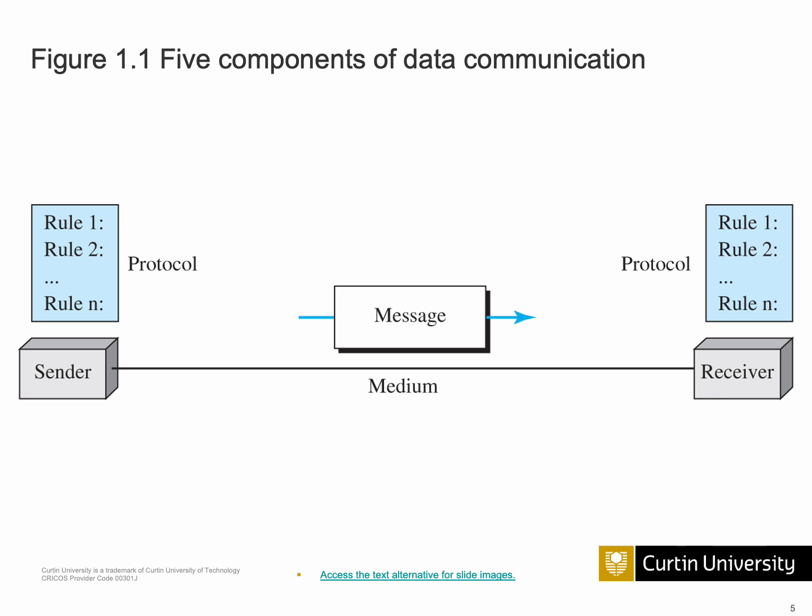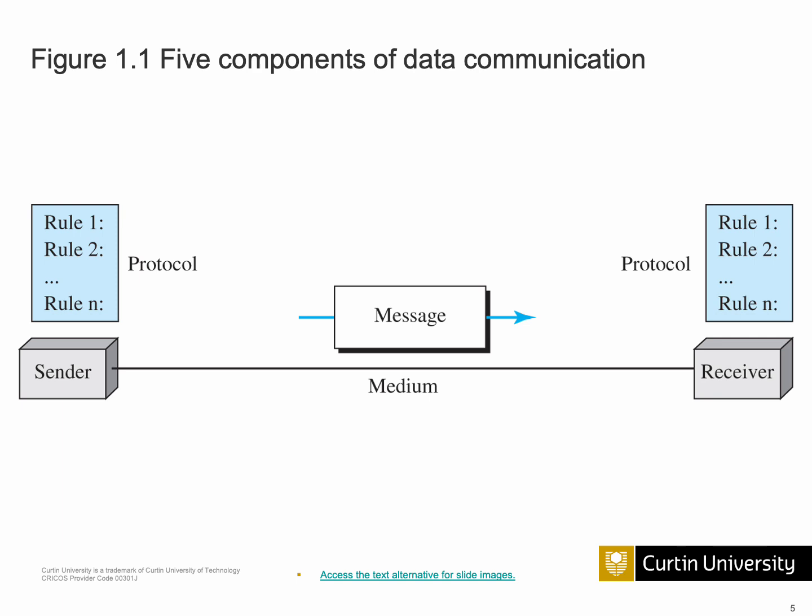Then we have the transmission medium that connects the sender and the receiver. It is a physical path by which the message travels. This physical path can be a twisted pair cable, coaxial cable, fiber optic cable, or even a wireless medium.